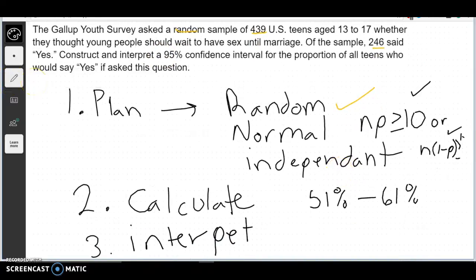So our interpretation of this is we'd say something along these lines.